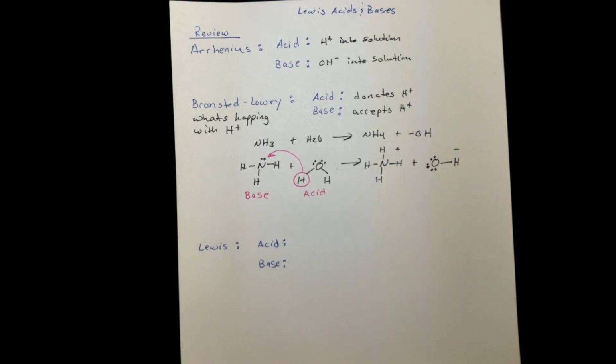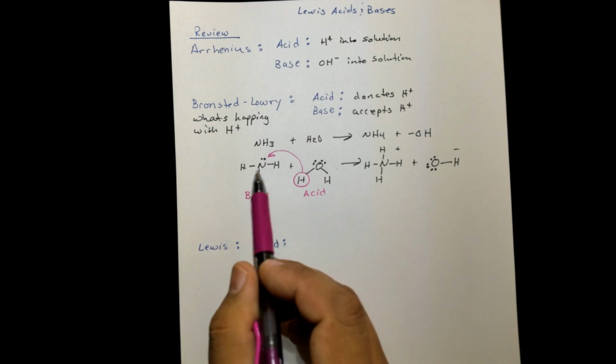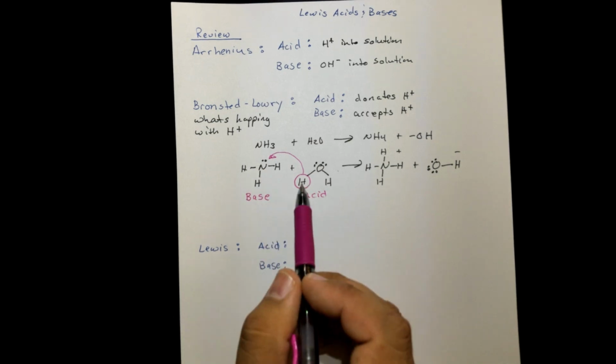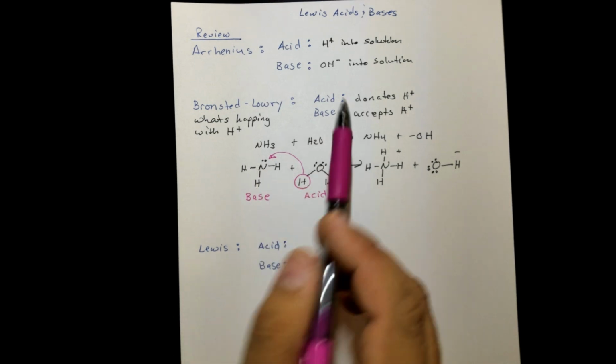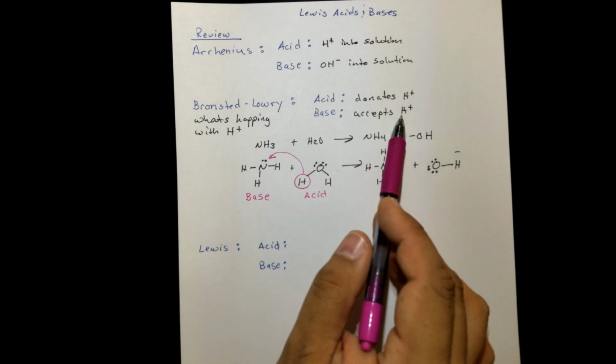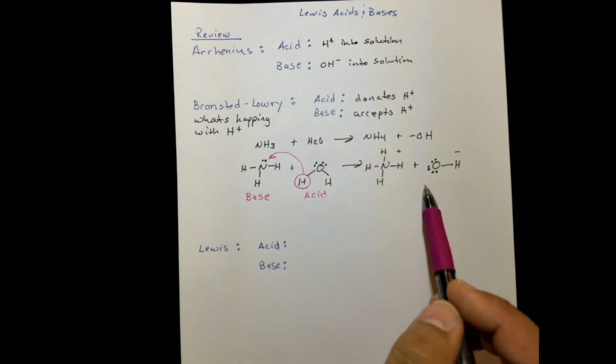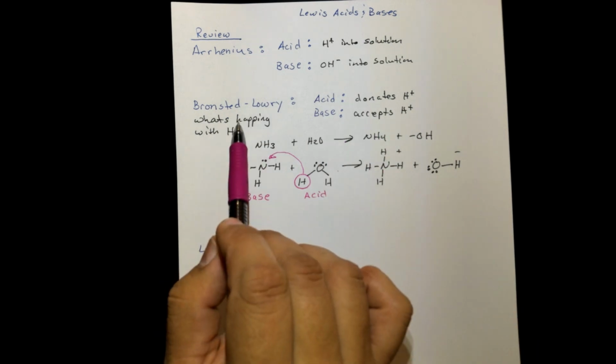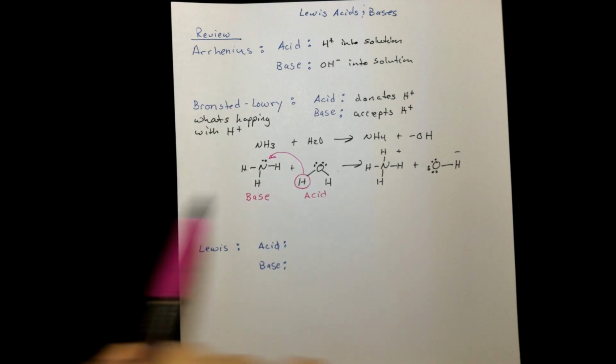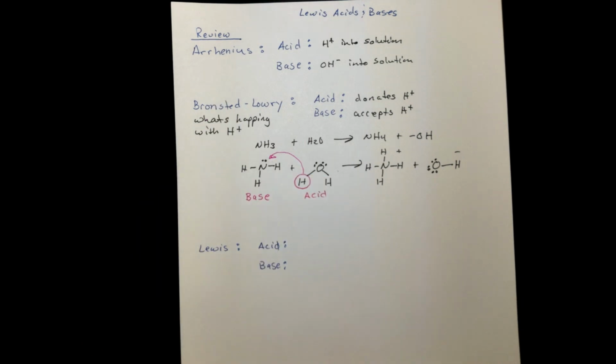So just by looking at who took the hydrogen and who lost the hydrogen, we can automatically determine acid-baseness. NH3 is the base because it accepted the hydrogen from water. And according to the definition, whoever accepts the hydrogen is the base. And yes, Brønsted and Lowry agrees with Arrhenius that NH3 is indeed the base.